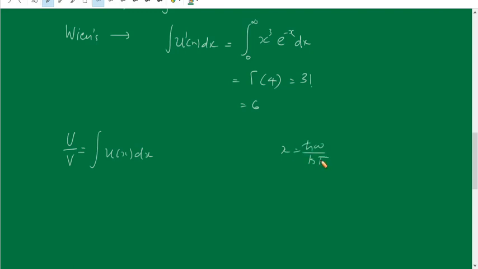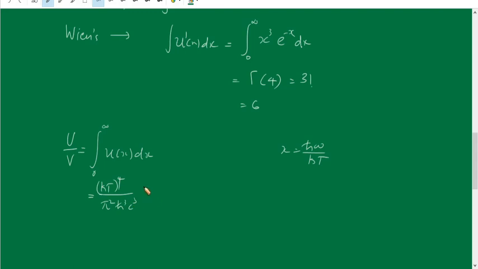Okay, from 0 to infinity, so for all the frequencies, all the values of x. So what is u of x? u of x is equal to kT whole raised to 4 divided by pi square h cross cube c cube.